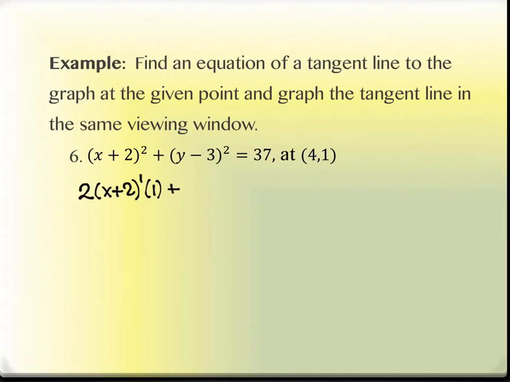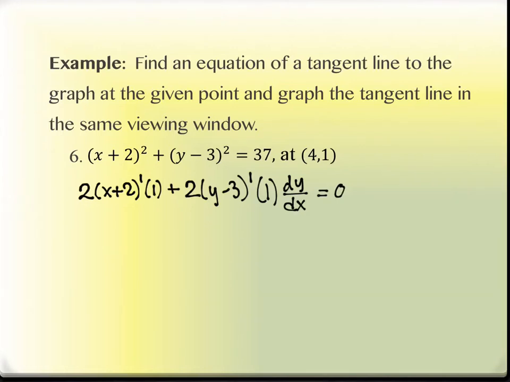Plus, I'm going to do the same thing here, 2 times y minus 3, and then times 1 times dy dx. Again, it's because my derivative of my y has the dy dx component. And it's equal to 0.